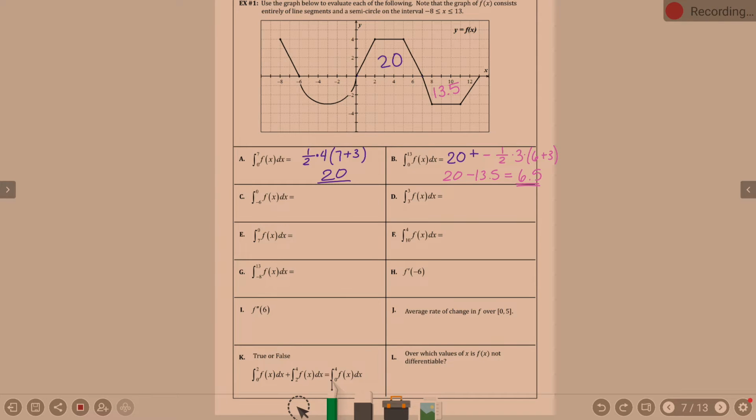Okay, what about from -6 to 0? We have a half circle, excuse me, semicircle. That's what the directions called it, right? Half circle. What's the area of a circle?